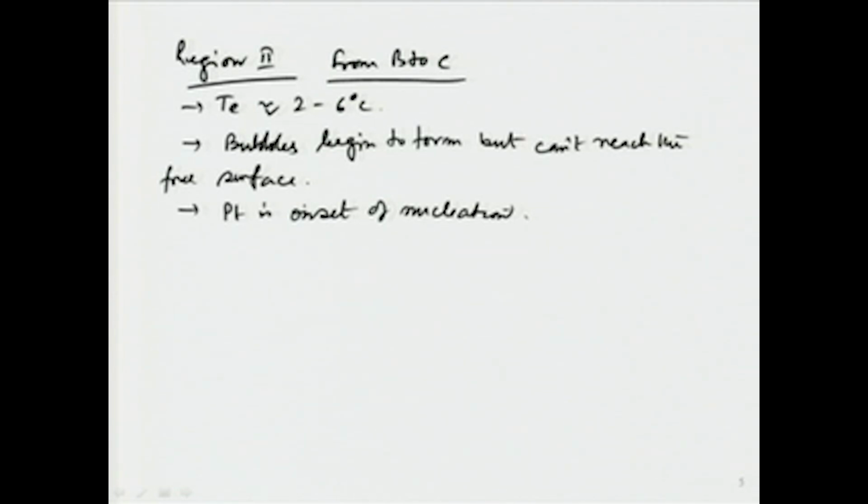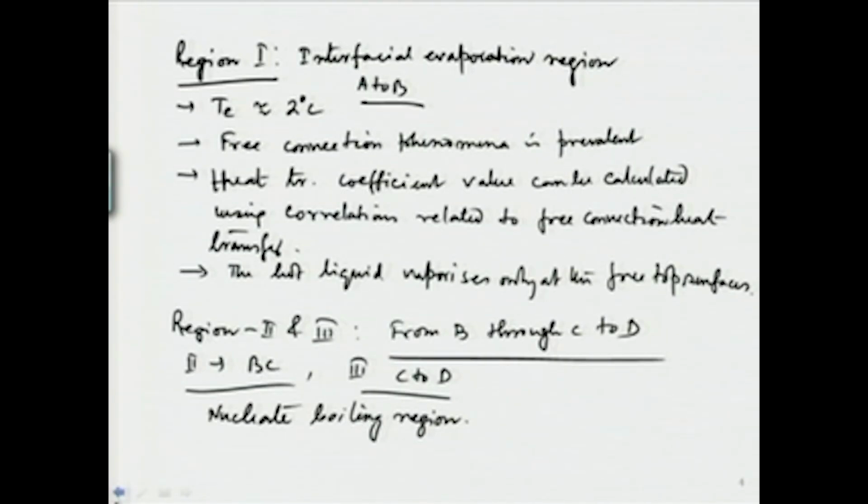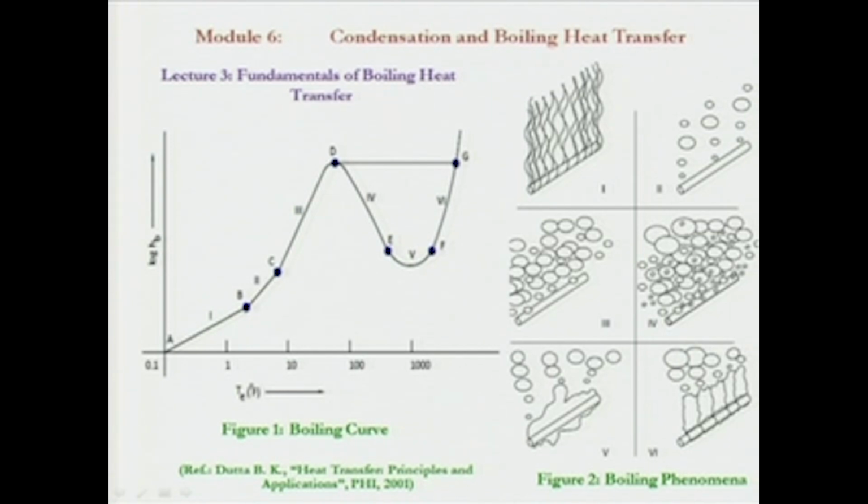Then if we go on to region 3, here it is from C to D. If we go back again to the picture, what we will see is that for B to C, in the second picture, very few bubbles are formed, because the temperature is not sufficient for so many bubbles to form.